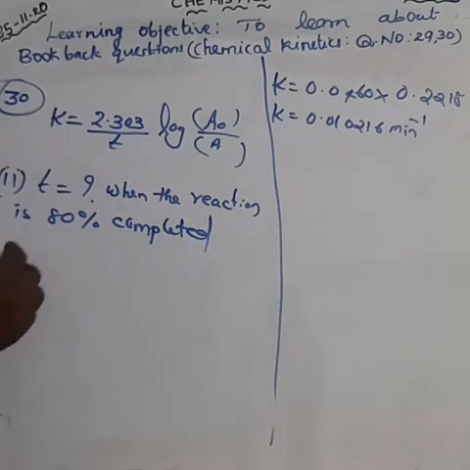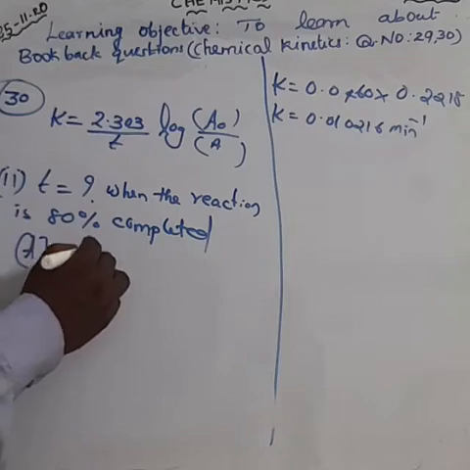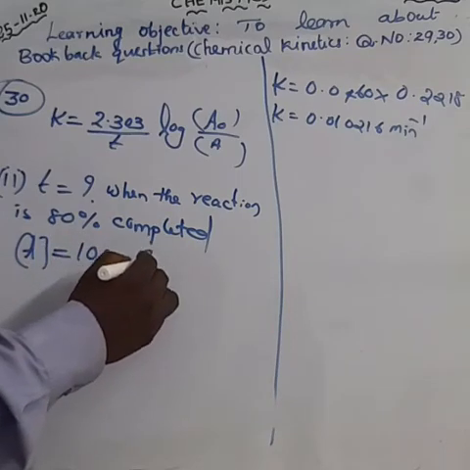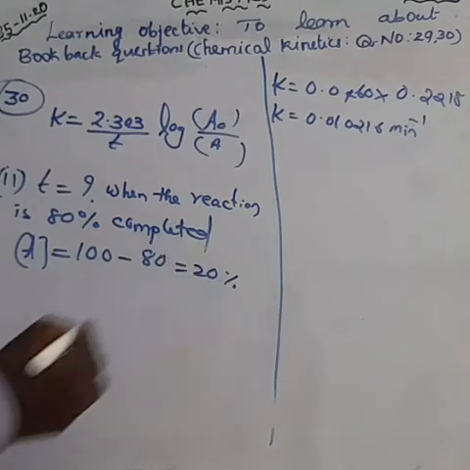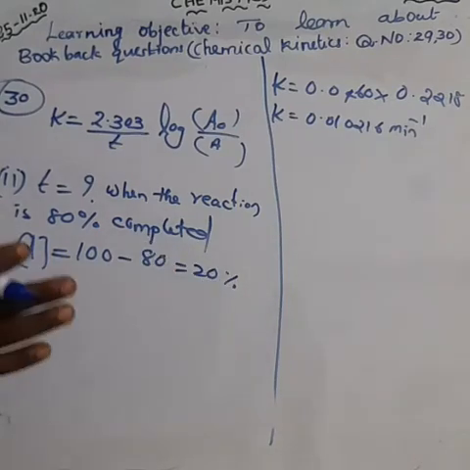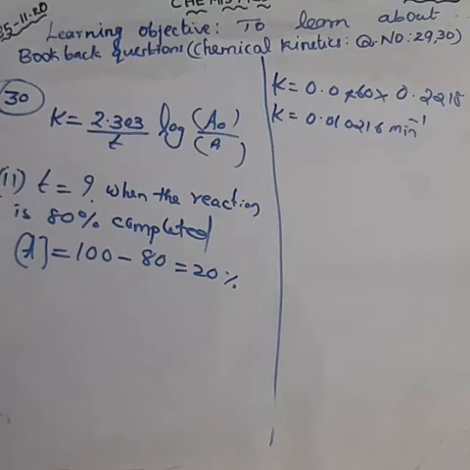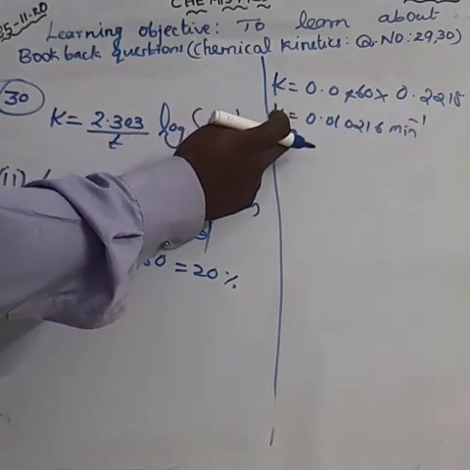That is, A is equal to 100 minus 80%, which is equal to 20%.